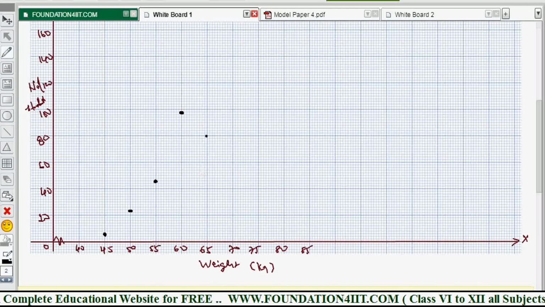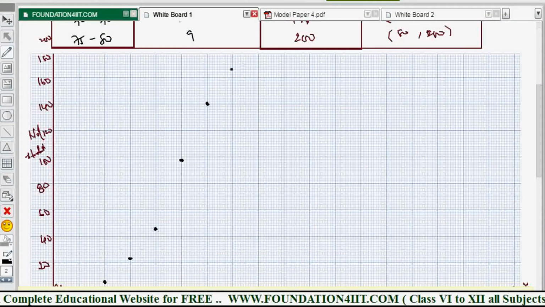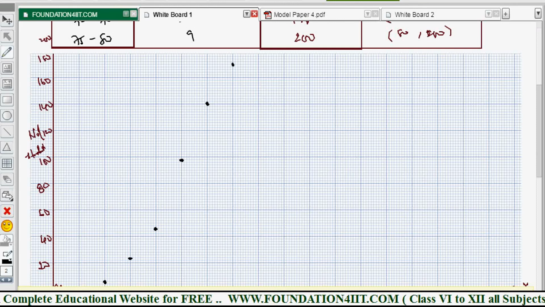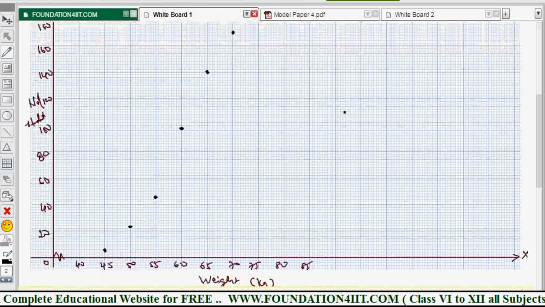And 65, 140. So exact is there. 70, 171. 70 is 171. 75 is 191. Last is 200. Okay, we just will draw this line, to get an idea.